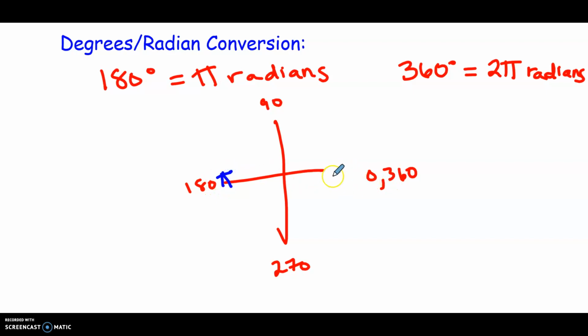And for 360, this is still going to be 0 or 2 pi with the full rotation. Now think about here, to get to 90, it's halfway to pi. So I can write that as pi over 2. And then to get to 270, it's 1 pi and a half. So I can write that as 1.5, or 3/2, right? So 3/2 pi. So 3 pi over 2.